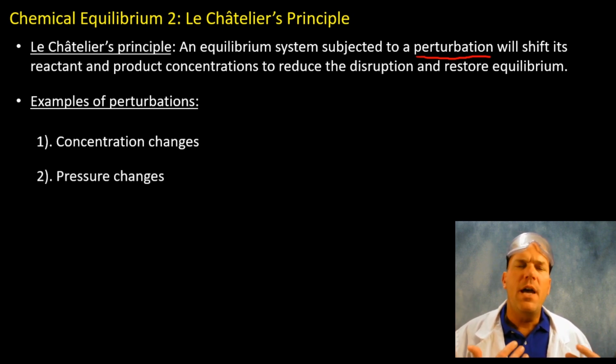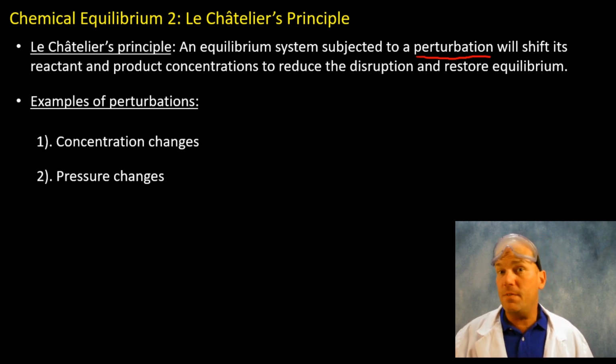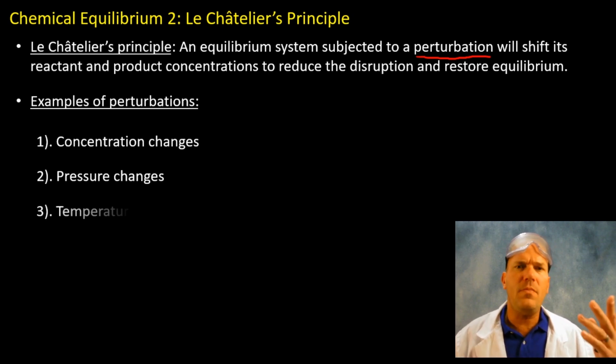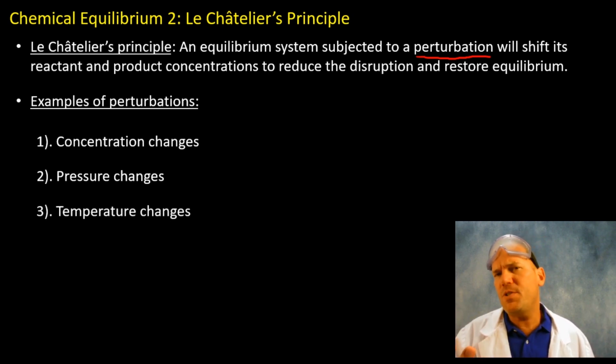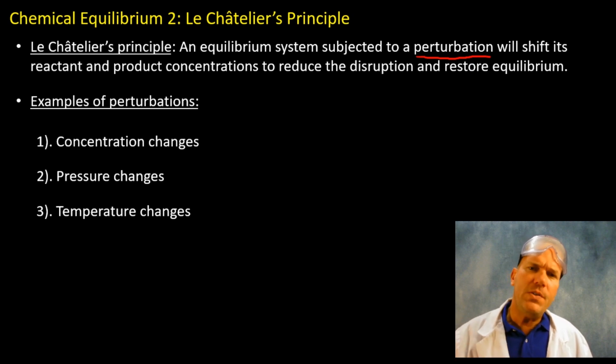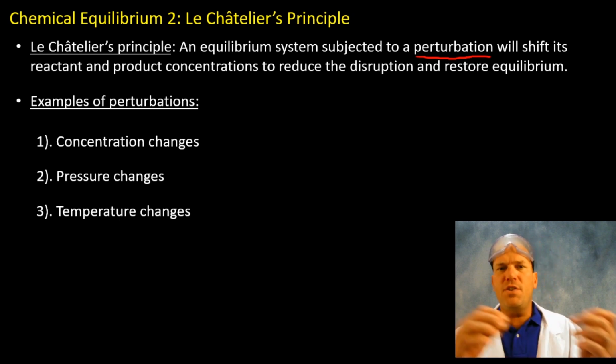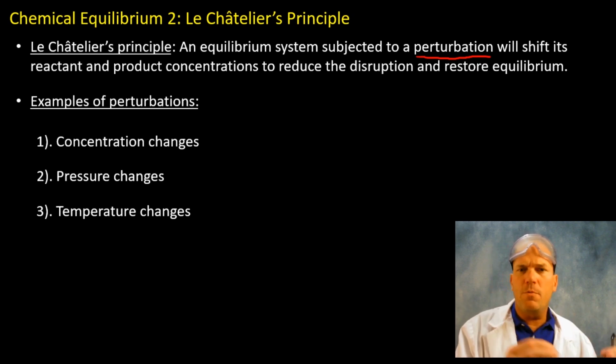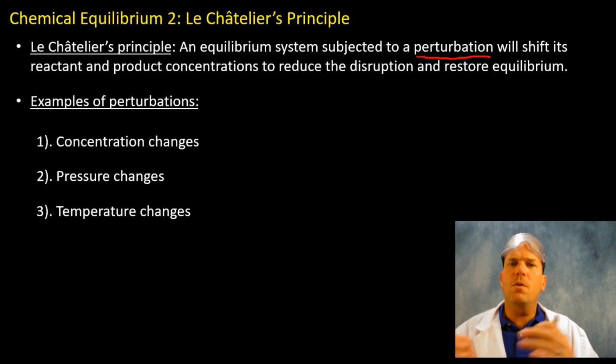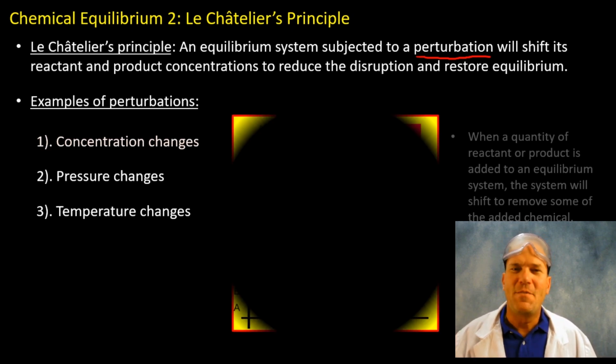Number two, a pressure change as a result of volume change will perturb a system, in which you'll need to consider the moles of gaseous reactants and products. Number three, temperature changes will also stress a system in dynamic equilibrium, and that stress will cause a shift in either the left or the right, either the forward or reverse reactions.